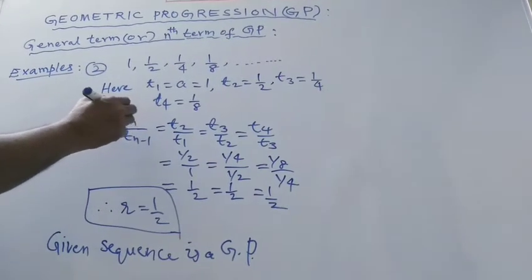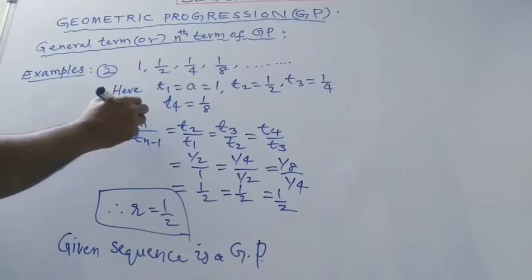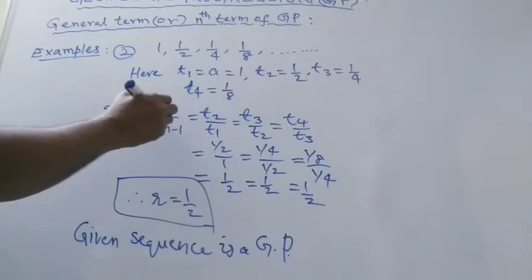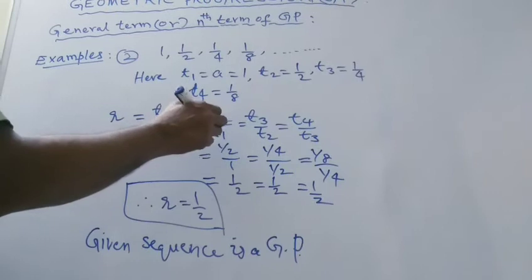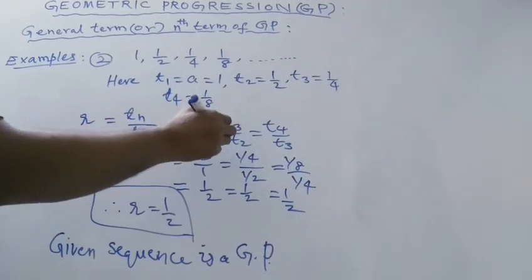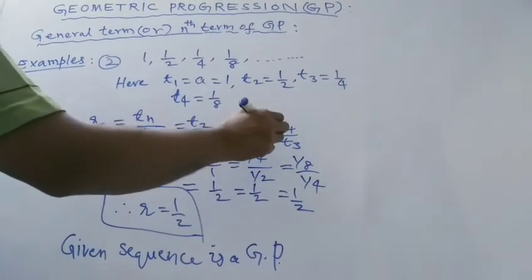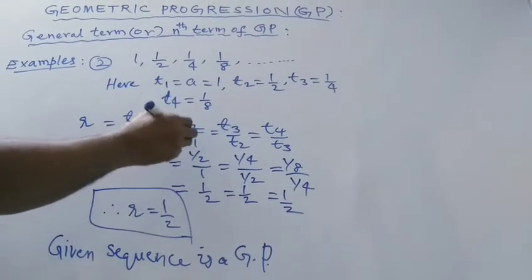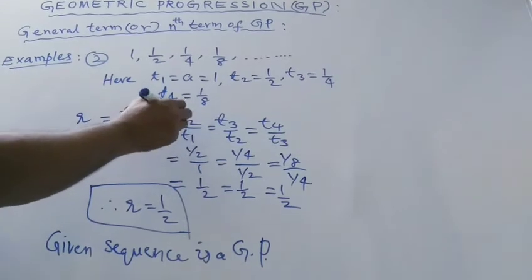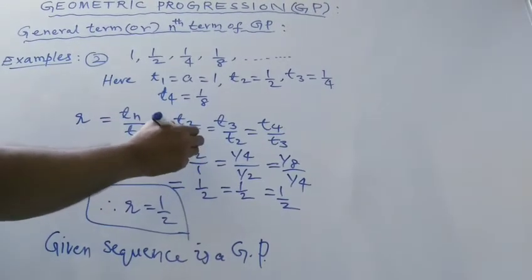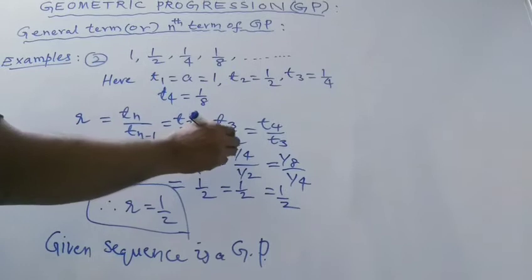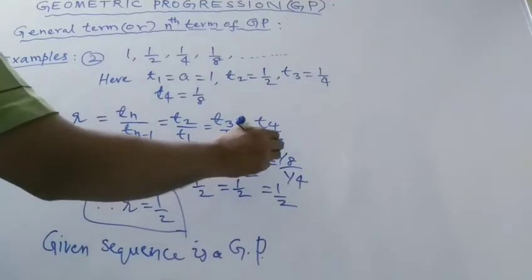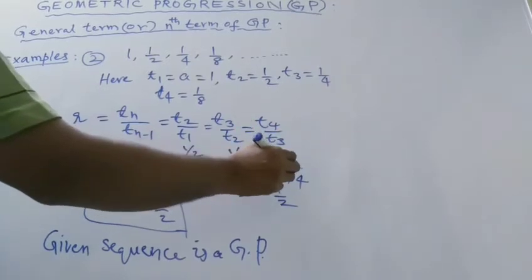Taking n is equal to 2, Tn becomes T2 and Tn minus 1 becomes T1. Similarly, T3 by T2 and T4 by T3. Substituting the second term and first term values, 1 by 2 by 1, the third term 1 by 4 by the second term 1 by 2, and the fourth term 1 by 8 by the third term 1 by 4.